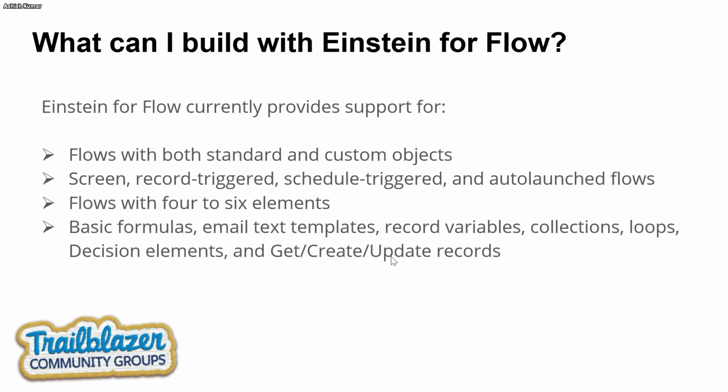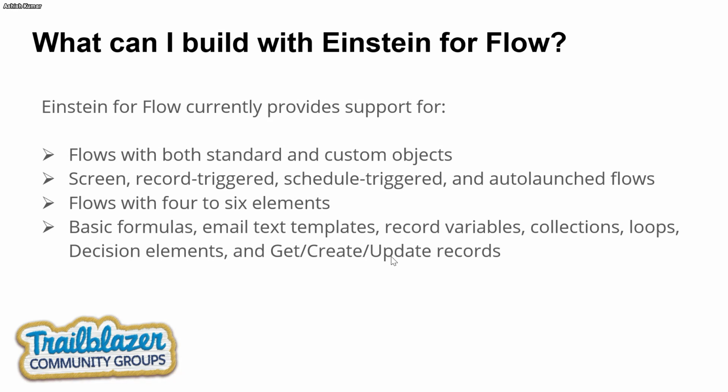So what can I build with Einstein for Flow basically? Einstein for Flow is currently providing support for flow with both standard and custom objects: screen flow, record trigger flow, schedule trigger flow, and autolaunched flow. Flows with 4 to 6 elements.